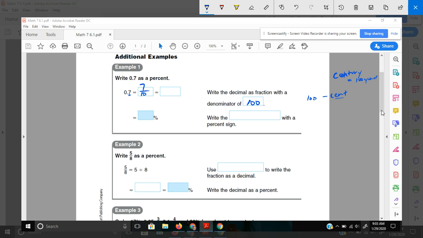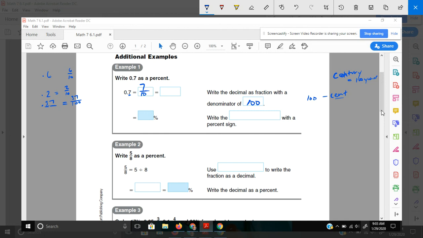That would be the same as 0.6 would be 6 tenths, 0.2 would be 2 tenths, and so on and so forth. Another good reminder is 2 spaces after is the hundredths. So if I had 0.37, that would be 37 hundredths, because the last digit is 2 places after the decimal.